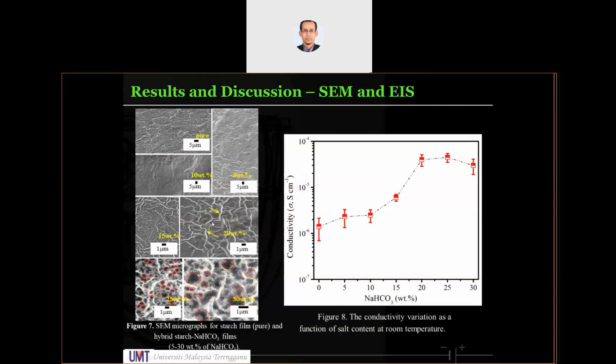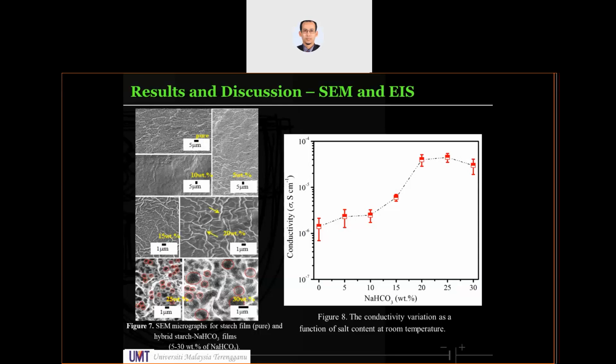Okay, when we add another 25 to 38%, we found that the surface was further modified with many black spots, represented by a red circle in the image, spread over the whole area of the films. These black spots can actually be referred to as the pore structure, which forms in response to the addition of salt.